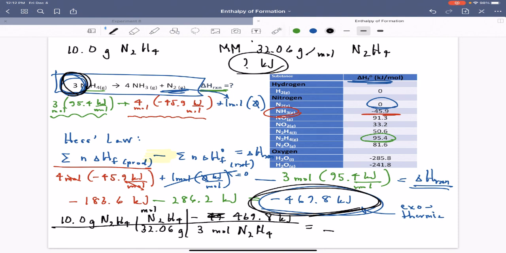I came up with, to 3 sig figs, negative 48.8 kilojoules of energy produced.